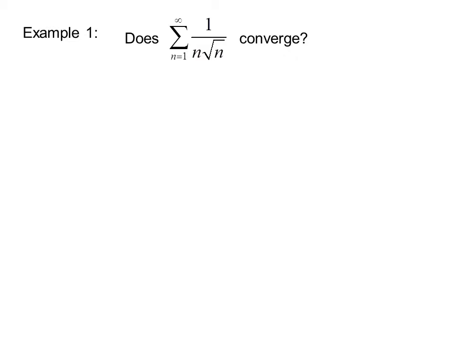Example, does the summation from n equals 1 to infinity of 1 over n radical n converge?